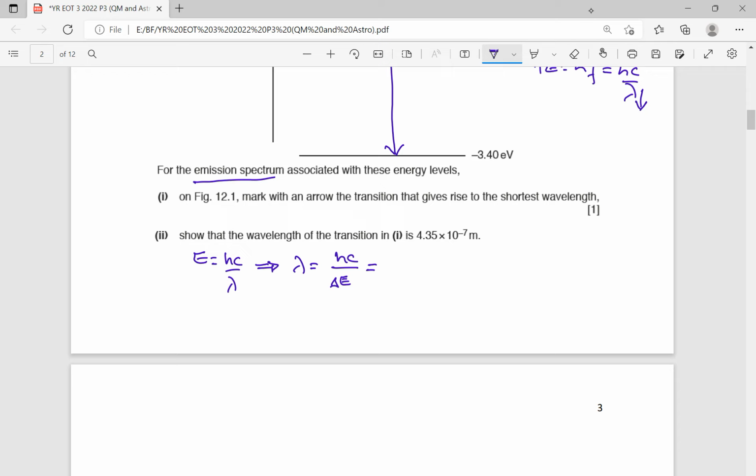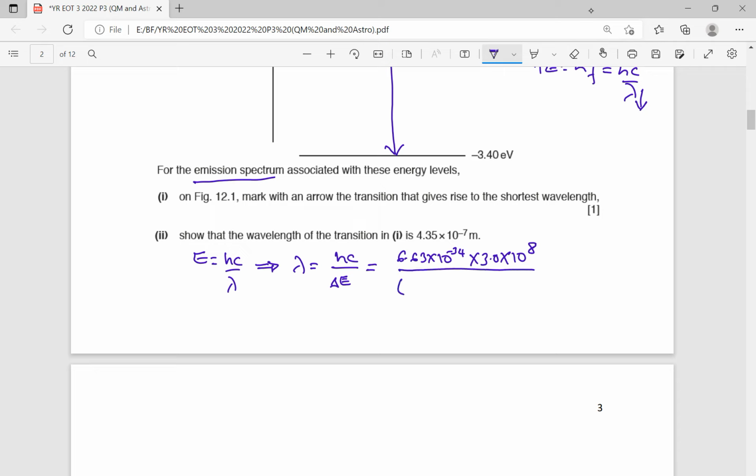I'm now substituting. This will be 6.63 times 10 power negative 34 multiplied by 3.0 times 10 power 8, the speed of light, divided by the difference in energy.